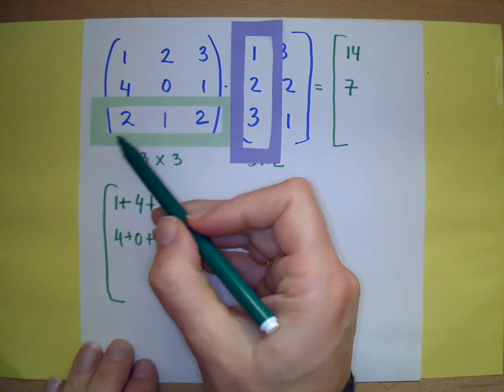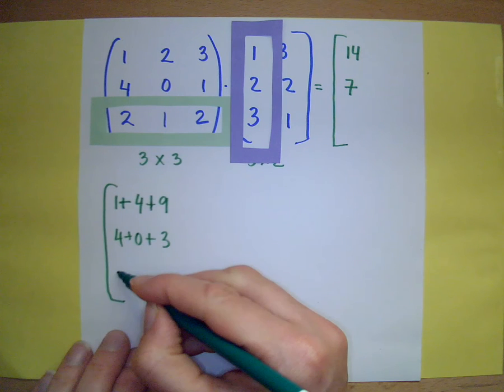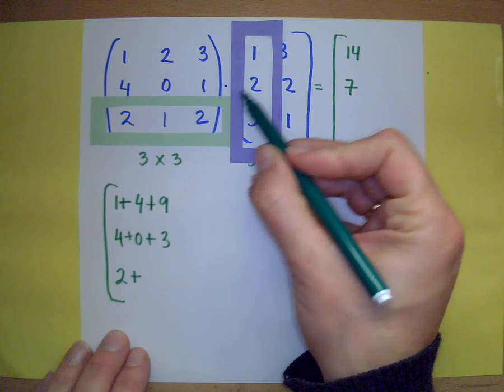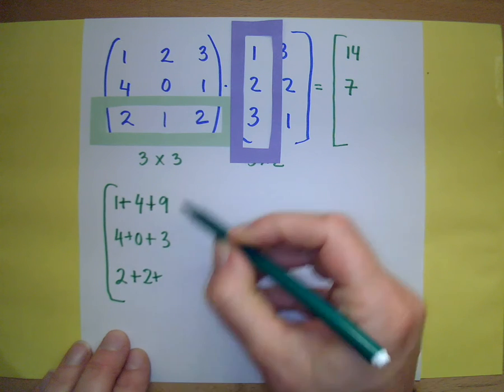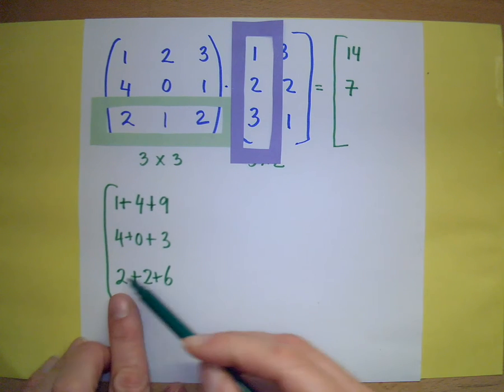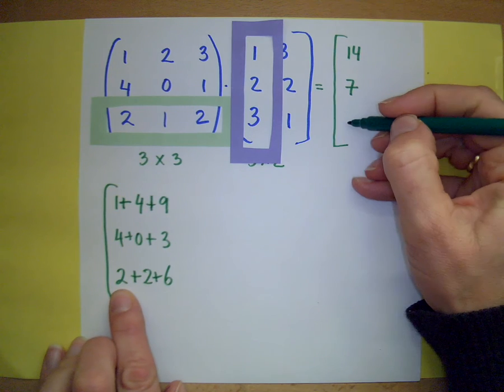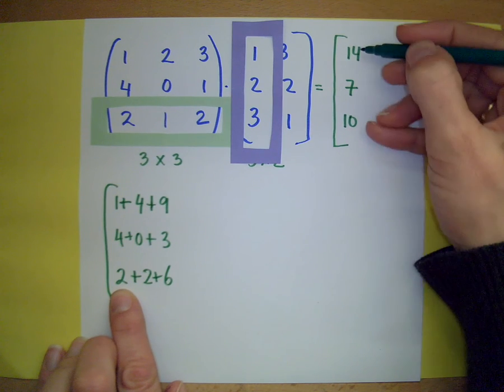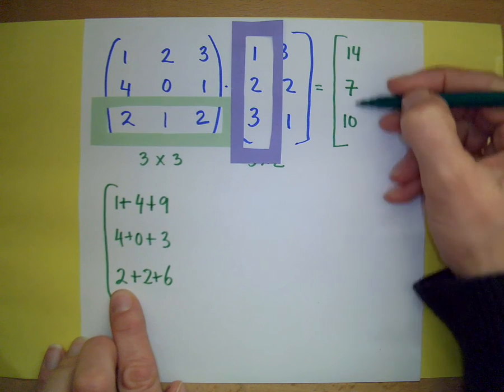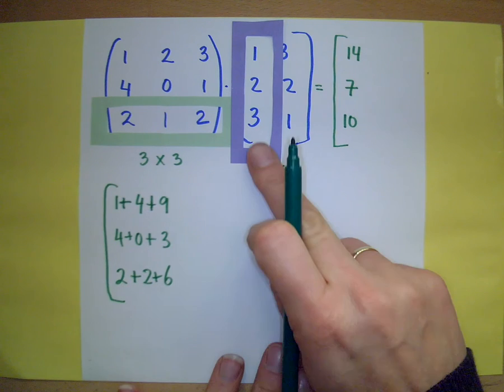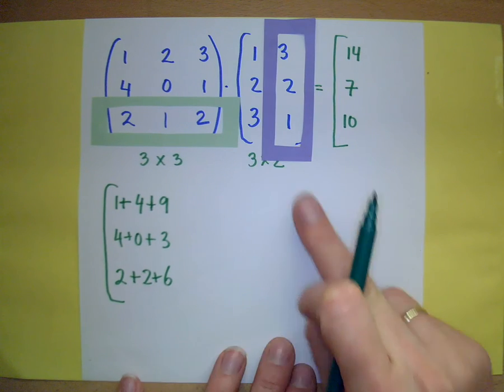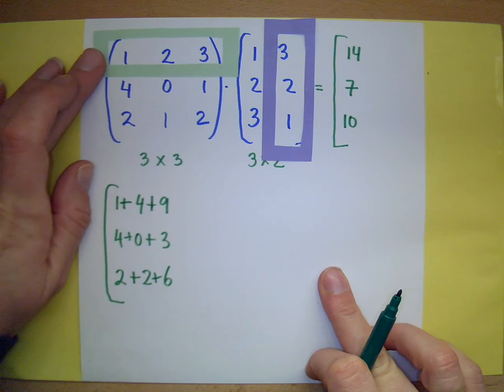Next, 2 times 1 is 2, plus 1 times 2 is 2, plus 2 times 3 is 6. These added together give 10, so that's our third row, first column. Yeah? Now we're moving over to the next column and starting with our first row again.